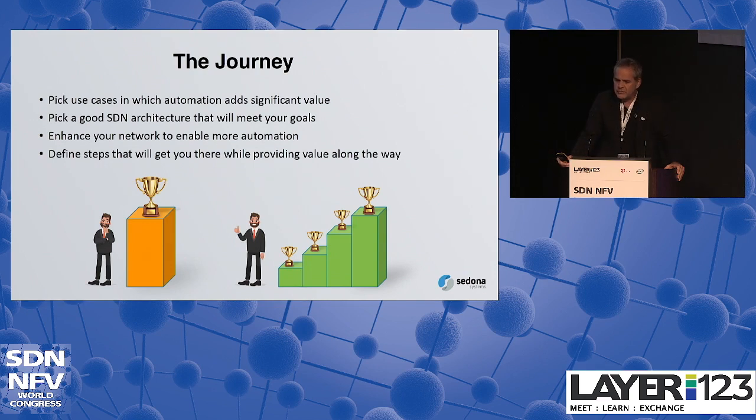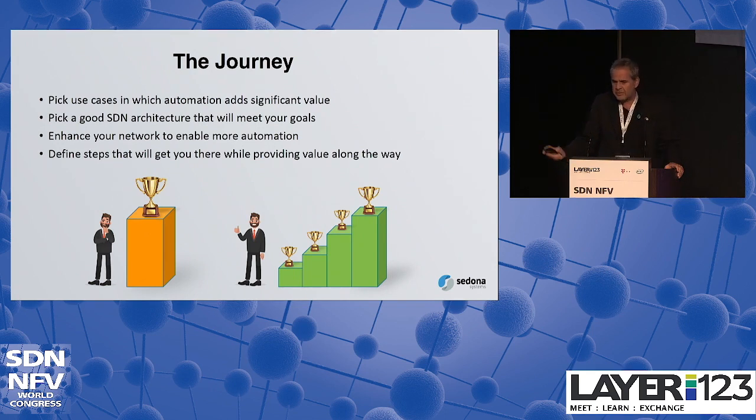And to do this right, you have to first pick which use cases for automation are important for you as a service provider. And then you have to pick the right SDN architecture that allows you to achieve those goals in a gradual fashion. Then you have to sometimes enhance your network in terms of the actual gear and software controlling the network to make it more automated.